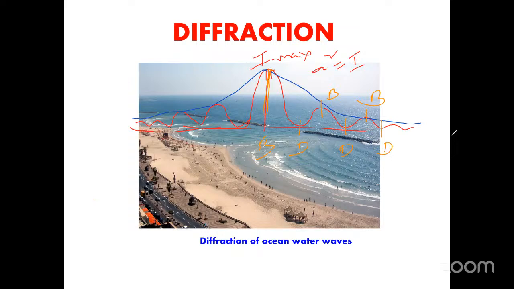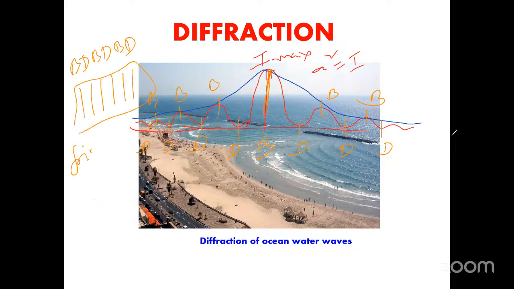And on the left hand side: dark, bright, dark, bright, dark, bright, dark. So what are these? These are fringes, and these fringes you observe in the case of interference.